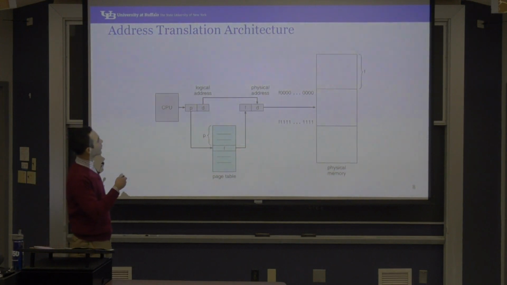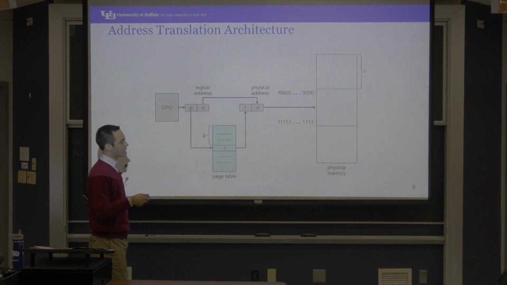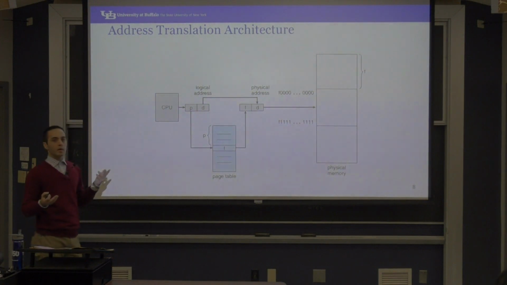Let's see. Again, this was the example over there. So wherever this is, the page index goes into your page table, and the frame, the part of the physical address, which is again the portion of the frame, is read from here, and then the offset is added. This works with binary numbers.